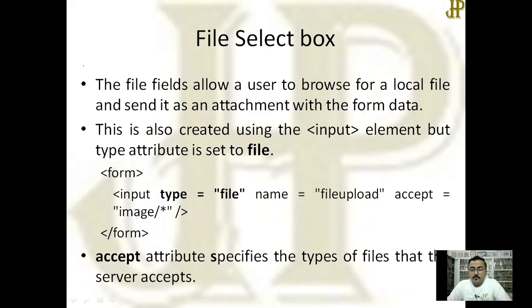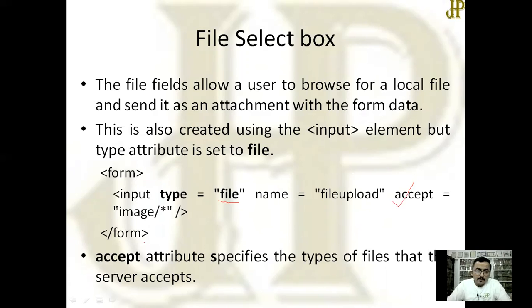Then that file type of input is used. You have simply put value file, and after that you have to give an attribute known as accept, where you can define which type of data your server can accept.